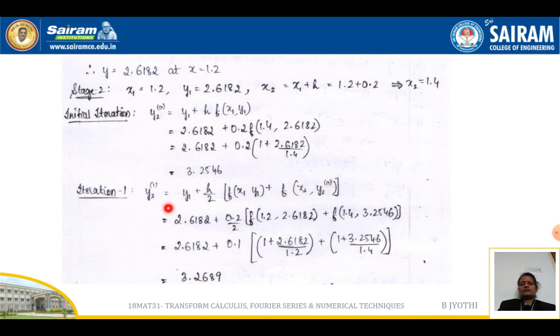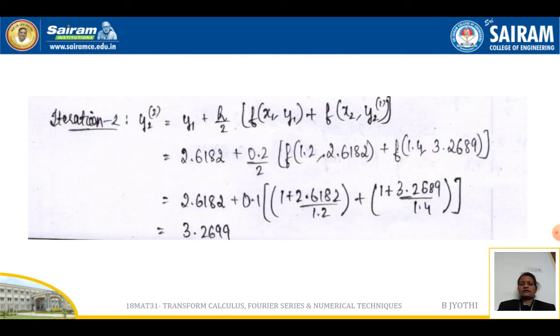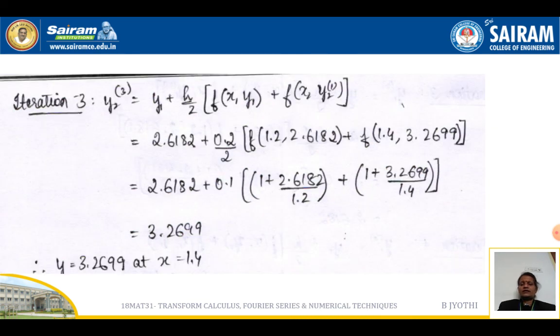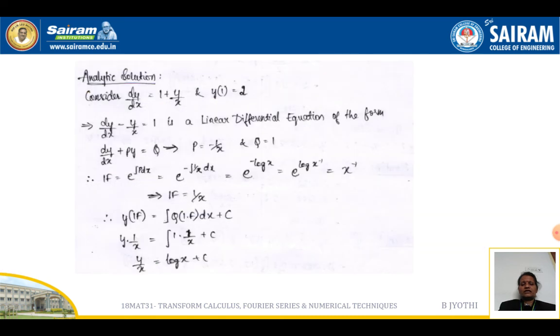So in the modified Euler's formula, it is given by y1 plus h by 2 f of x1 y1 plus f of x2 y2 of 0, which on simplification we are getting 3.2689. In the second iteration, this value alone is replaced. So we are getting 3.2699. Again we are getting 3.2699. That is second iteration, and the third iteration is same. Therefore we can stop at it. So y at 1.4 is 3.2699. This is what we have computed by the numerical method.